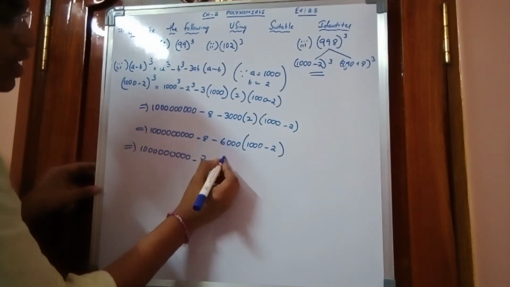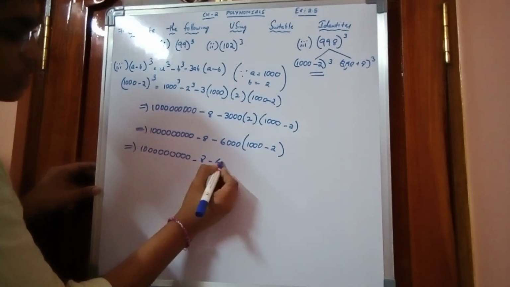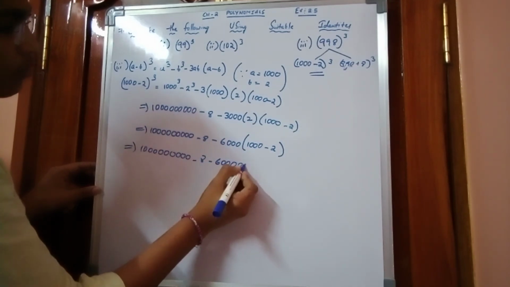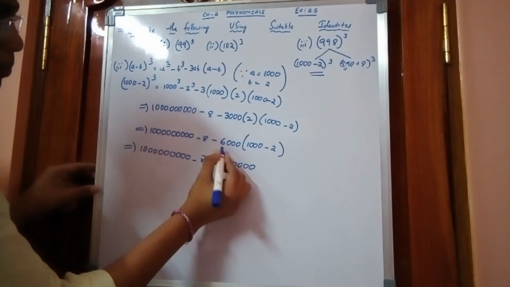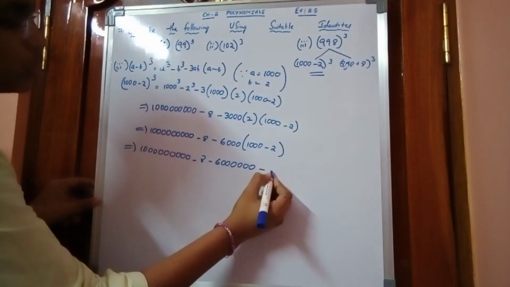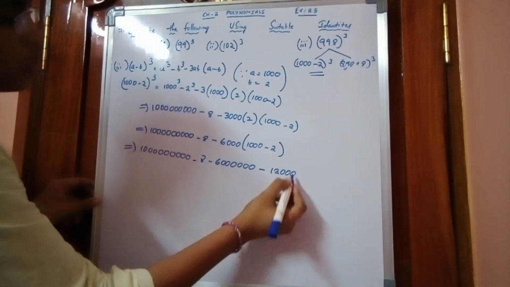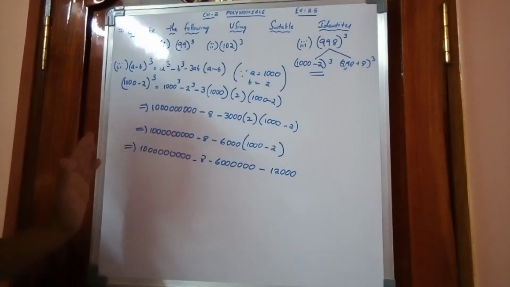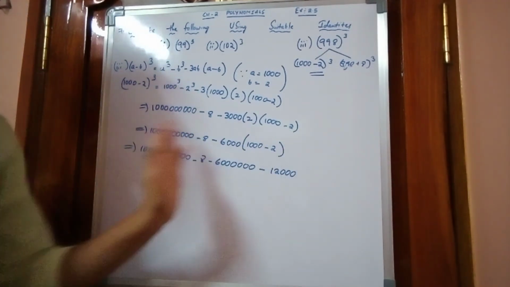So we'll get here 6 zeros, 1 2 3 4 5 6, and we'll get here minus 12,000. 6 into 2 is 12, so we'll get 12,000. Now subtract all these four numbers.